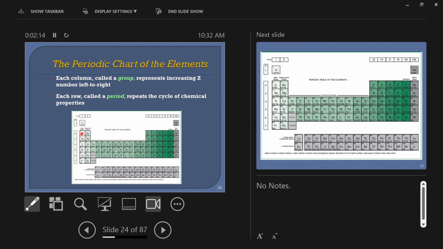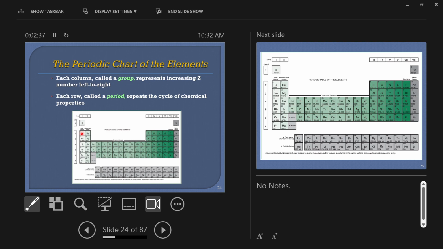Lithium and hydrogen will make the same chemical bonds. They act chemically the same. Group 1, period 3, sodium. Sodium will make the same chemical bonds as lithium, which makes the same chemical bonds as hydrogen.